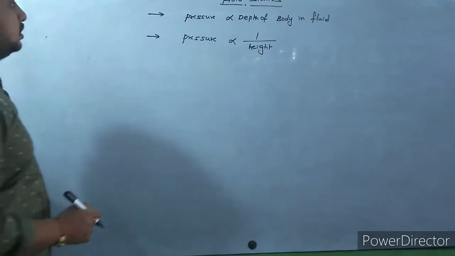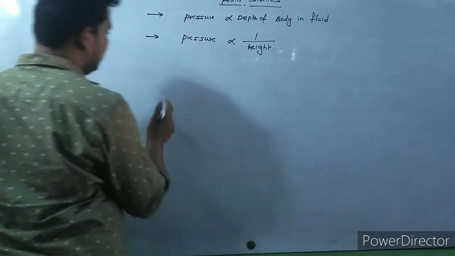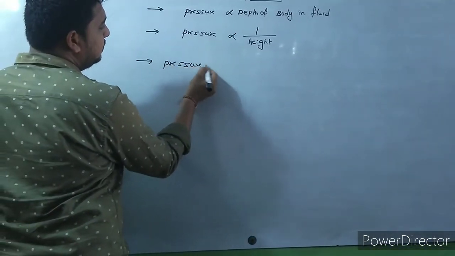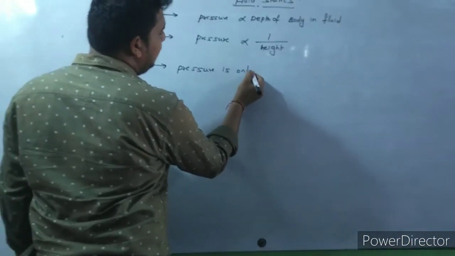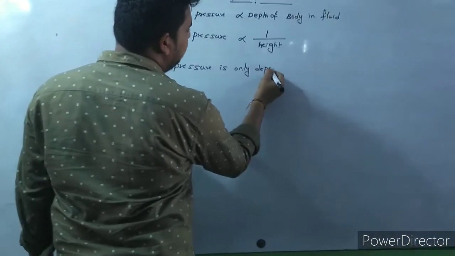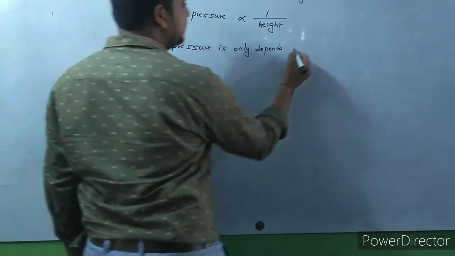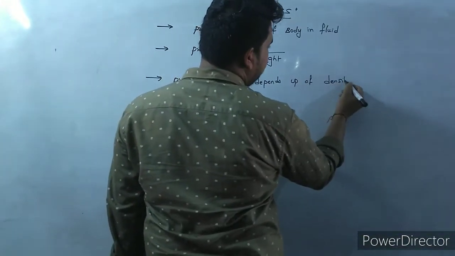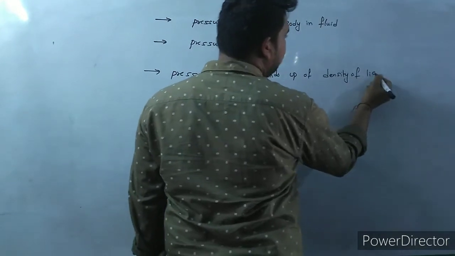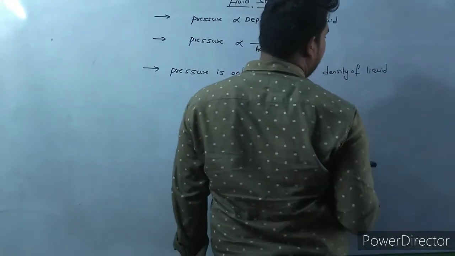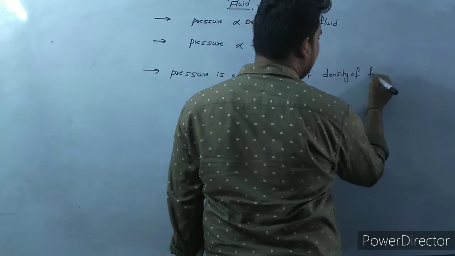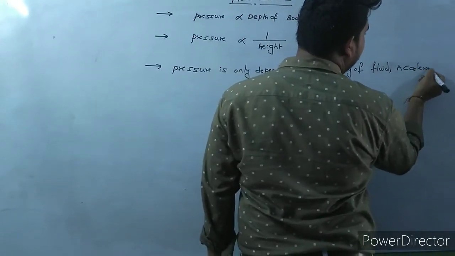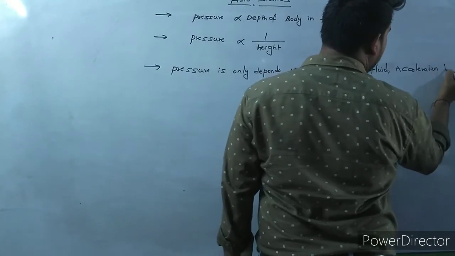Okay. So next, one more thing here. Pressure only depends upon the density of the fluid and acceleration due to gravity, which is constant, and the depth of the liquid column.